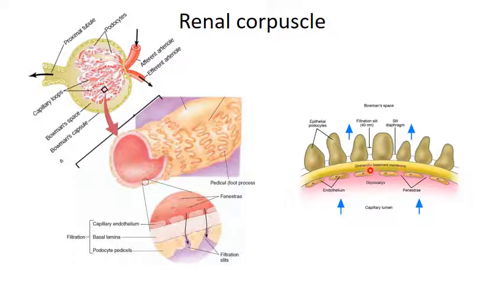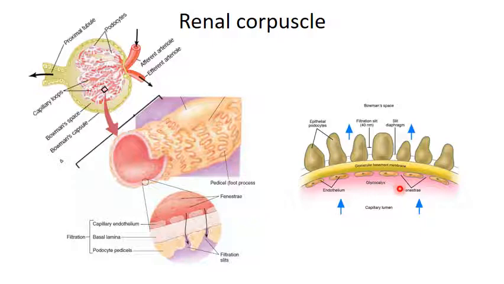And here I would like to mention one more thing, that this filtration membrane is negatively charged, because the endothelial cells are negatively charged as well as the basement membrane. So anything which is negatively charged will not be able to cross the filtration membrane. For example, albumin protein has a size of 6 nanometer, that is less than 8 nanometer.